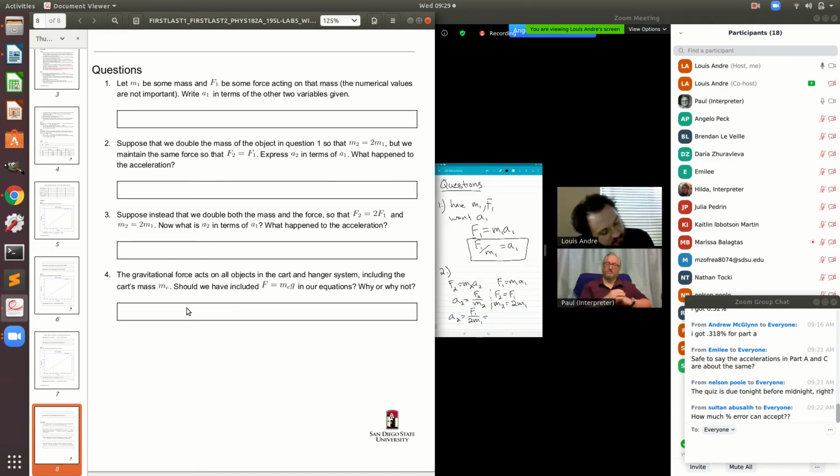It looks like 1/2 of F1 over M1. Okay? And F1 over M1, that's this. Right? So that's actually just 1/2 A1. And we've done it. We've written that A2 is 1/2 of A1.